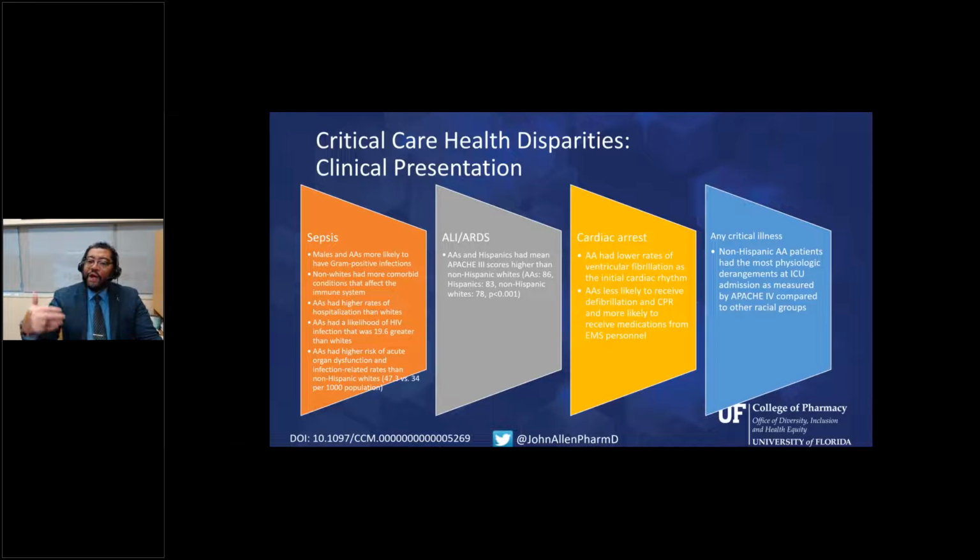In terms of cardiac arrest, African Americans have lower rates of presenting in ventricular fibrillation as the initial cardiac rhythm, and African Americans were less likely to receive defibrillation and CPR for out-of-hospital cardiac arrest, and more likely to receive medications from EMS personnel.